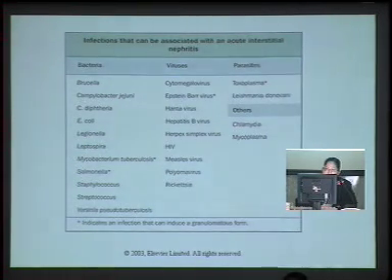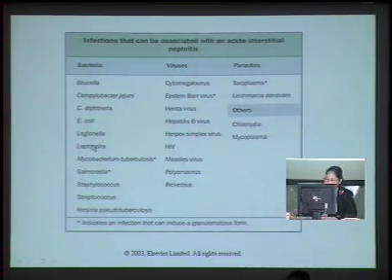Infectious agents can be the cause of interstitial nephritis too. Viral, parasite, leptospira. You know, leptospirosis is one of the very well-known causes of interstitial nephritis.